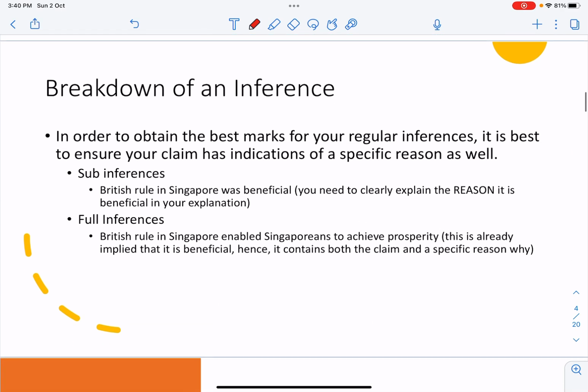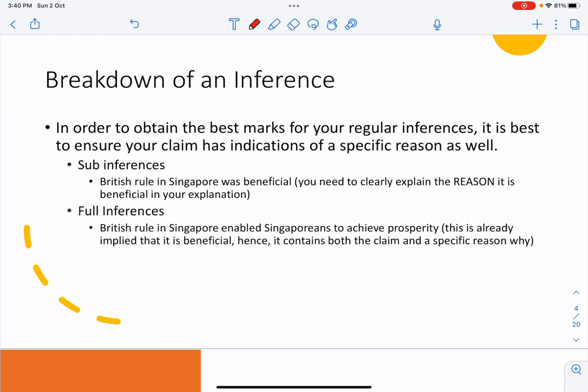Moving on. Now, in order to obtain the best marks, as far as possible, as what I said just now, ensure that your claim is indicative of a specific reason as well. This is more for the basic inference questions. For example, sub-inference. If you tell me that British rule in Singapore was beneficial, you need to tell me exactly how it is beneficial, the reason it is beneficial, in your explanation.